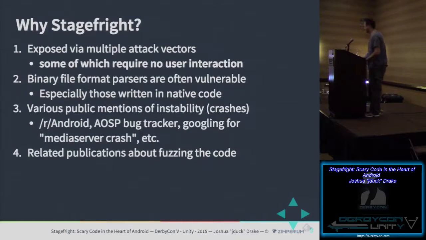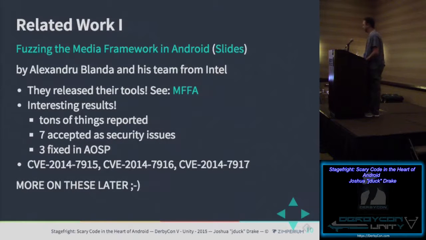And then there are some related publications recently. So I'm certainly not the only person that can do this work. These guys, I believe this is the one from Intel, did a talk in April at the Android Builders Summit about fuzzing the media framework in Android. It was a great talk. They released their own fuzzer, so you can totally run their fuzzer if you want to.